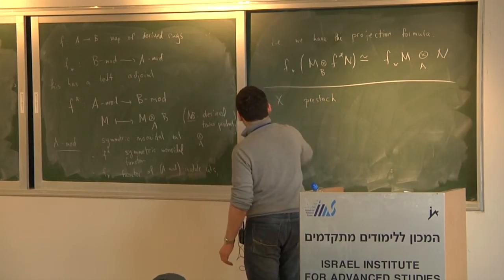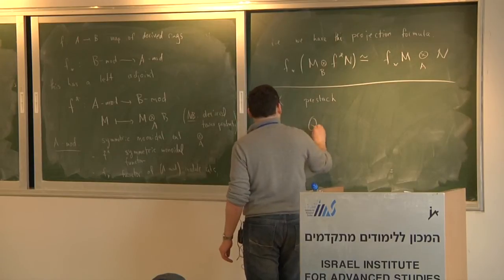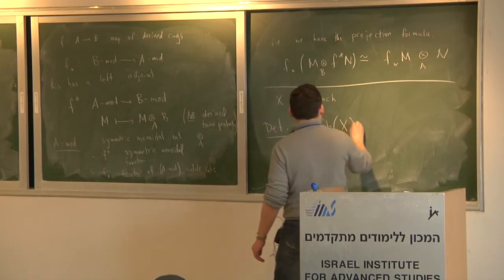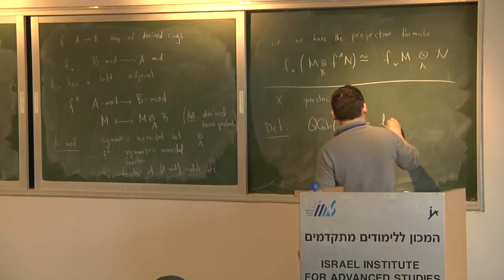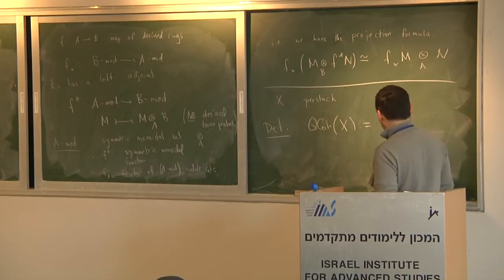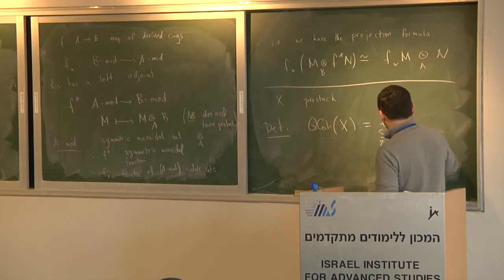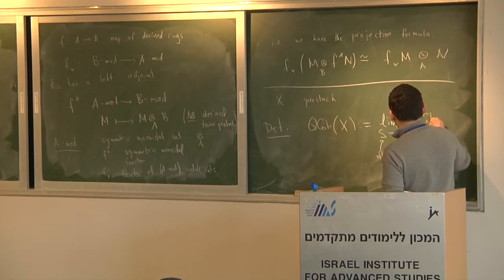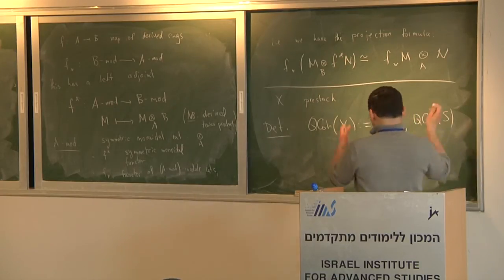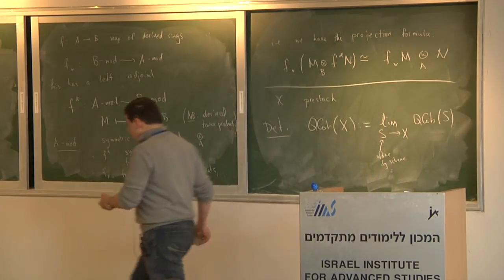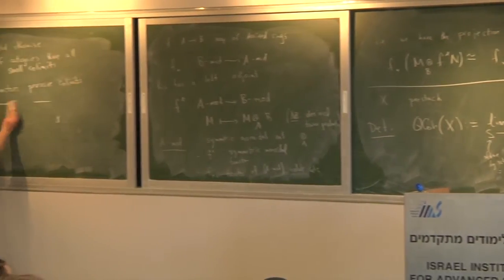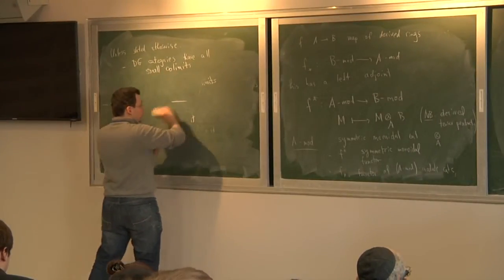So we can take as the definition the category of quasi-coherent sheaves on X. As Dennis already wrote this formula, this is the limit over affine DG schemes S mapping to X. So it's this formal limit. Well, what is it in more down-to-earth terms? It is roughly the following kind of data.